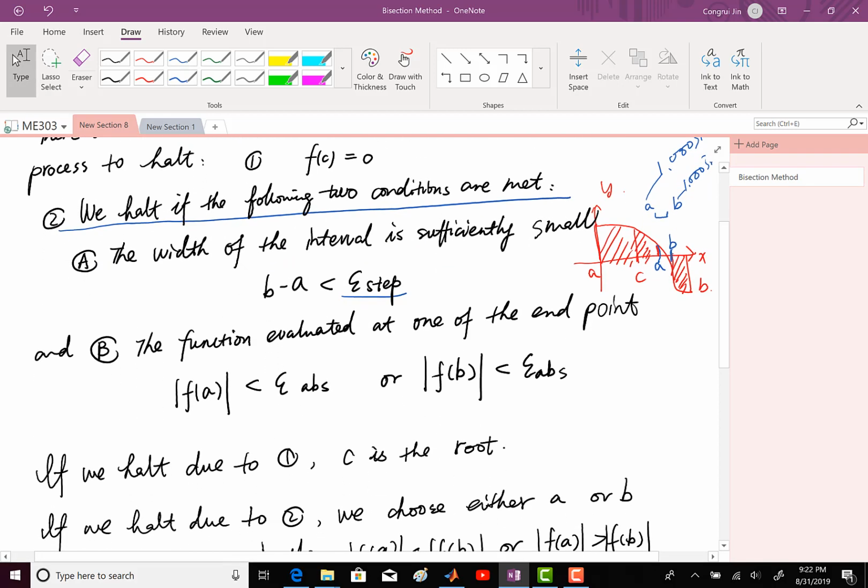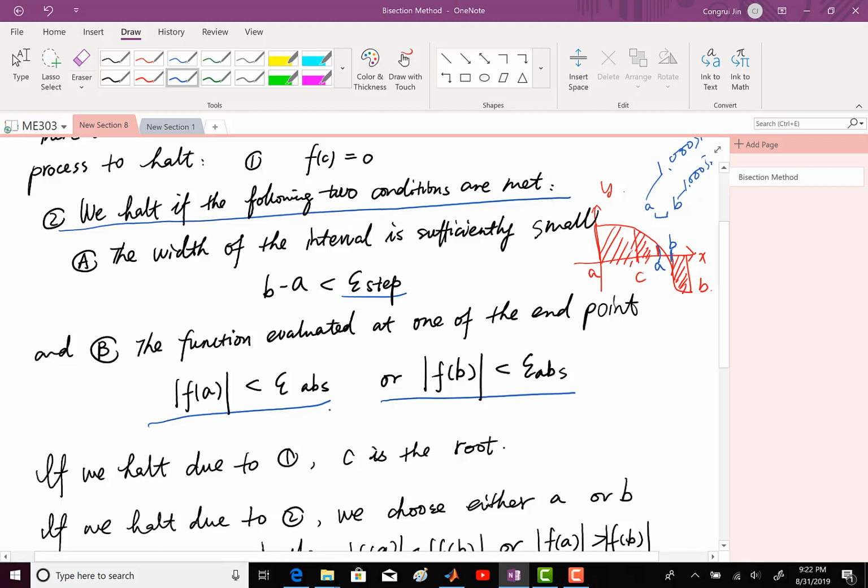Okay, so let's see condition B. Condition B is that the function evaluated at one of the endpoints is small enough, which means the absolute value of f(a) is less than a small constant, which we call epsilon abs, or the absolute value of f(b) is less than epsilon abs.